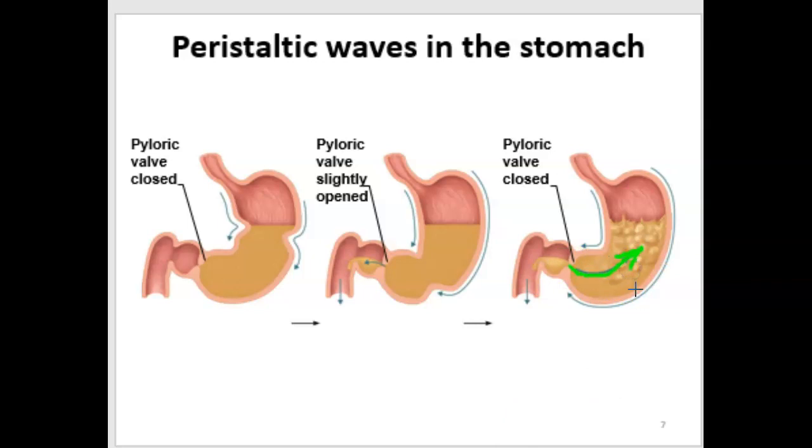And that just exposes it to another peristaltic wave. And so there'll be more mechanical digestion and mixing with gastric juice, so more chemical digestion as well, before it goes back to the pyloric sphincter.